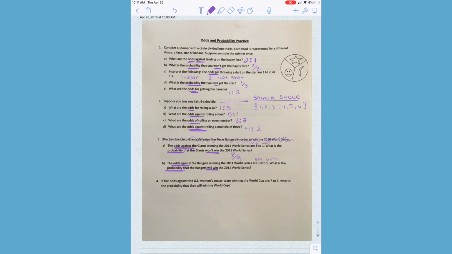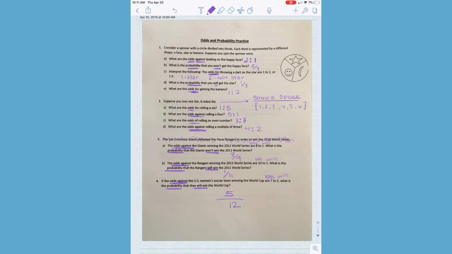Wins were 1 out of a total of 11, because 10 plus 1 is 11 games. If the odds against the women's soccer team winning the World Cup are 7-5, that means 7 losses and 5 wins. What is the probability that they will win the World Cup? There are 5 wins out of a total of 7 plus 5, which is 12.